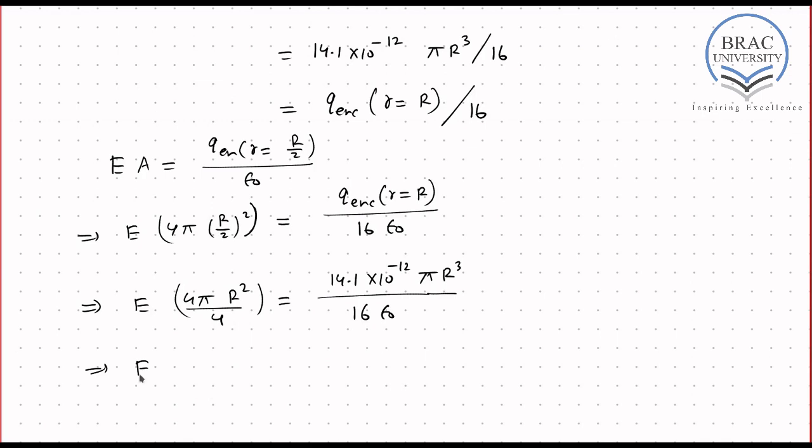So E is equal to 14.1 times 10 to the power minus 12 times R divided by 16 epsilon naught, because pi cancels out and this 4 cancels out, it's just left with this expression. It is for r equals R by 2.